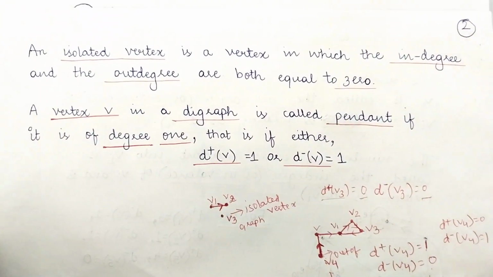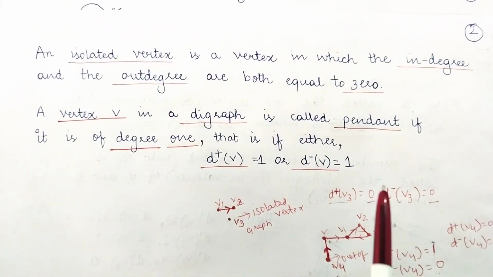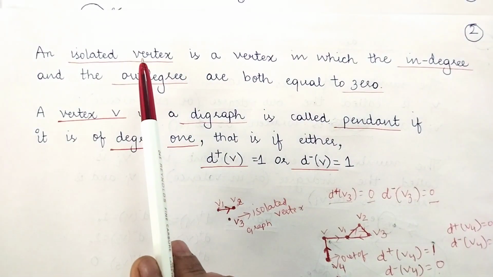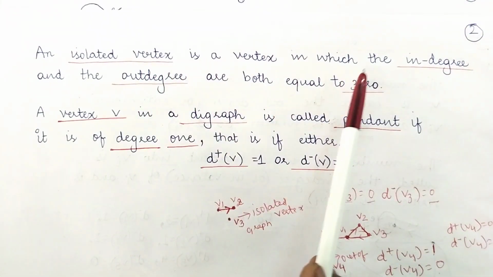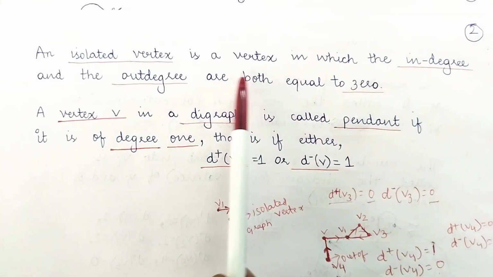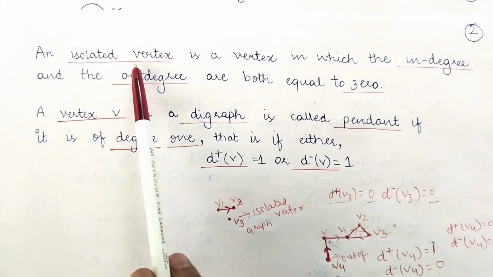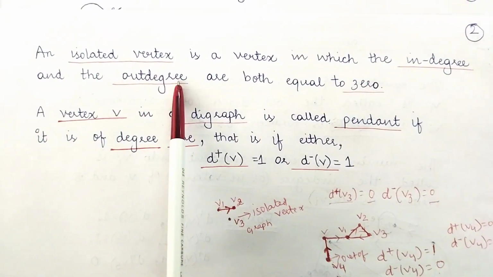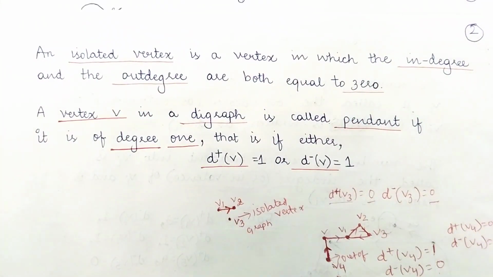Now, an isolated vertex. When we are talking of in degree and out degree, we can easily find out whether a vertex is an isolated vertex or not by seeing its in degree or out degree. So it says that an isolated vertex is a vertex in which the in degree and the out degree are both equal to 0. Now you all know the concept of isolated vertex.